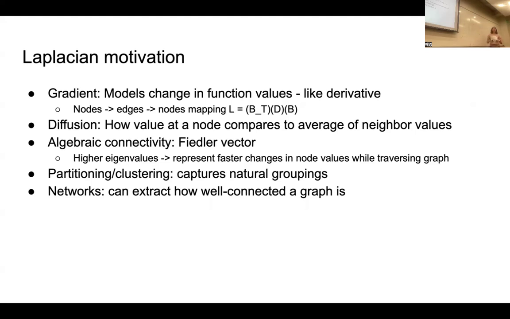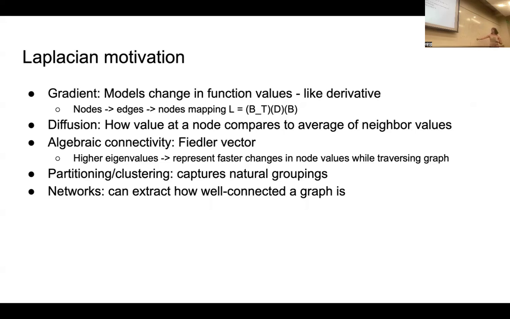The incidence matrix basically maps edges to vertices, so if you have three vertices and two edges, it would be a 3x2 matrix, and it has a 0 if that edge is not connected to that vertex, and a 1 if the edge is connected to that vertex.